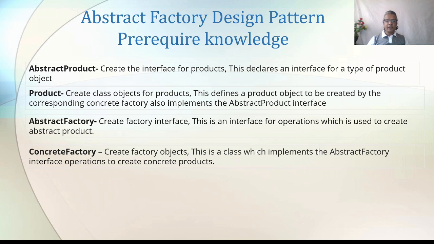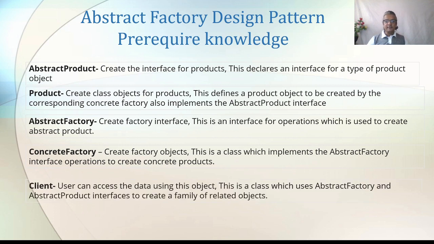Create factory objects. This is a class which implements the abstract factory interface operations to create concrete products. Yes, abstract factory will create the abstract products, and concrete factory will implement the abstract factory's operations to create concrete products.